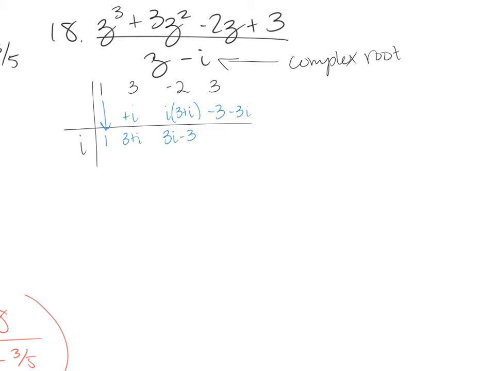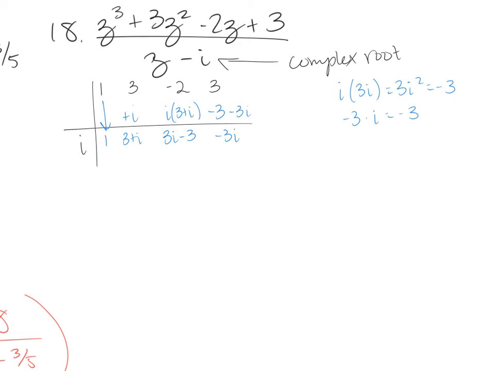I just distribute that i through this time. That's because i times 3i is 3i squared, or -3. And then -3 times i is just -3i. Okay, so 3 plus -3 minus 3i is just going to be -3i.